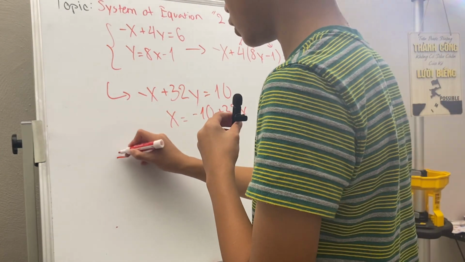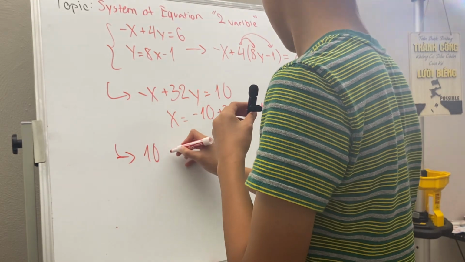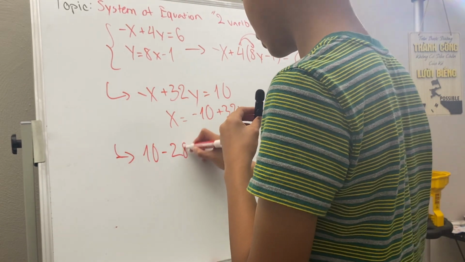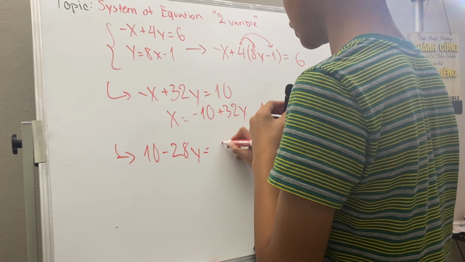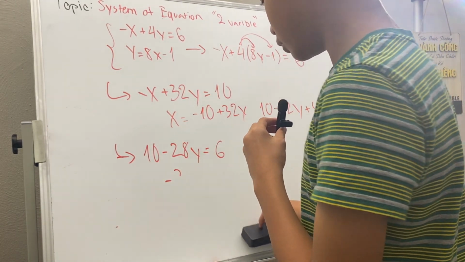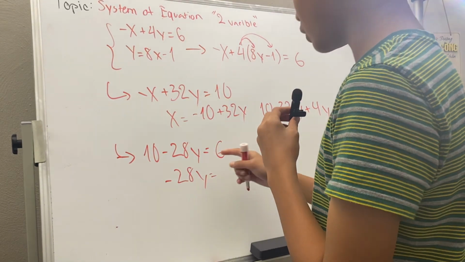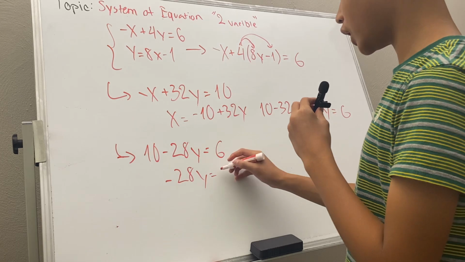So you get negative 28y is equal to negative 4.